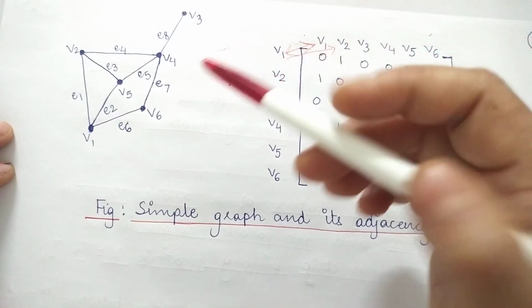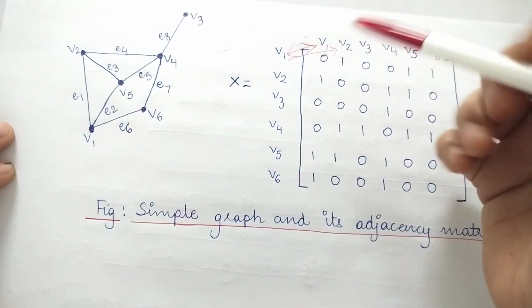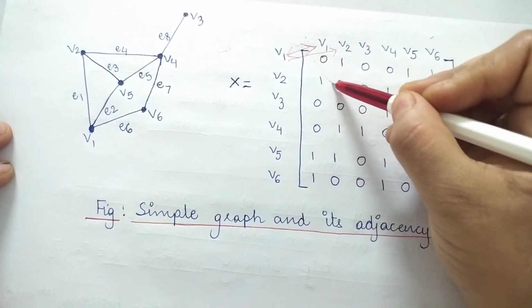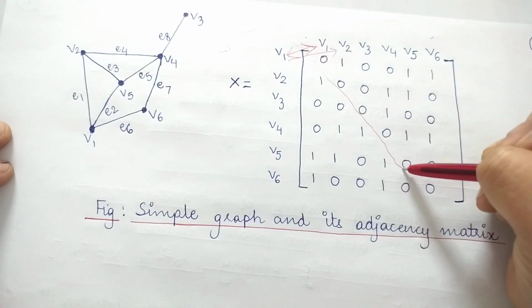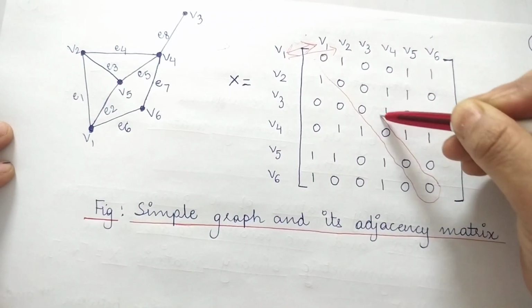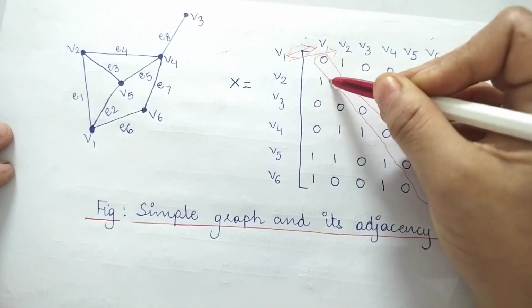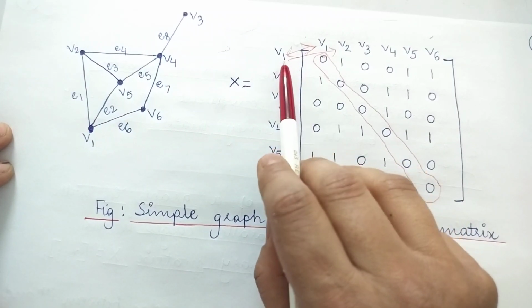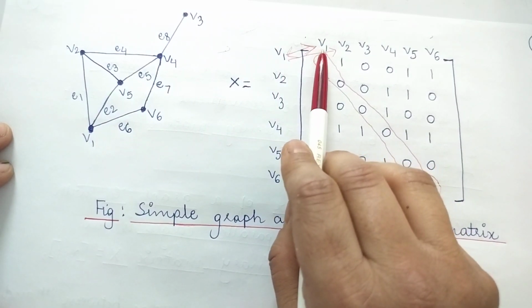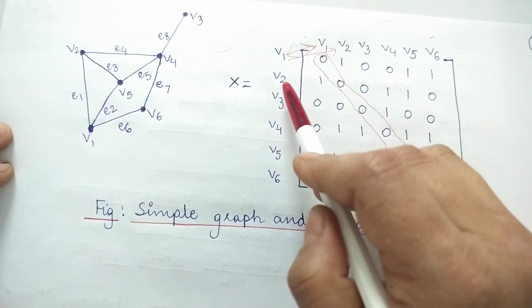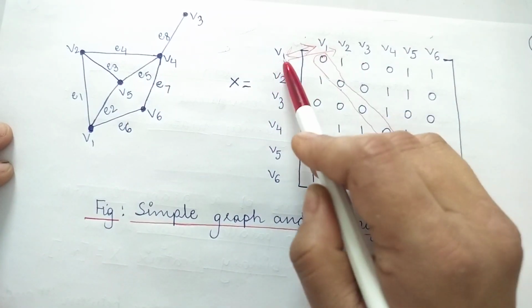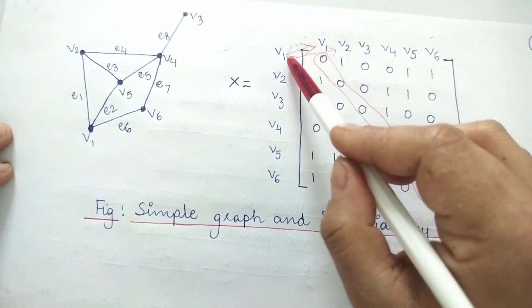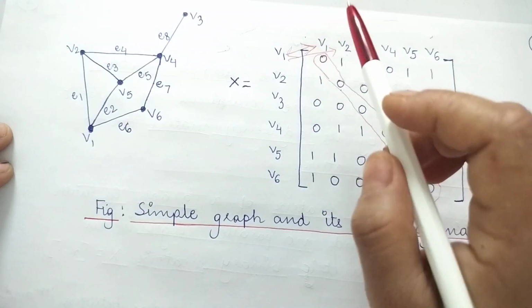This graph clearly has no self loops, so the principal diagonal of the adjacency matrix will always be 0, because there is no edge from the vertex to itself. All the diagonal entries represent the same vertex: v1, v1, v2, v2, v3, v3. So the principal diagonal will be 0 if there is no self loop in the graph.